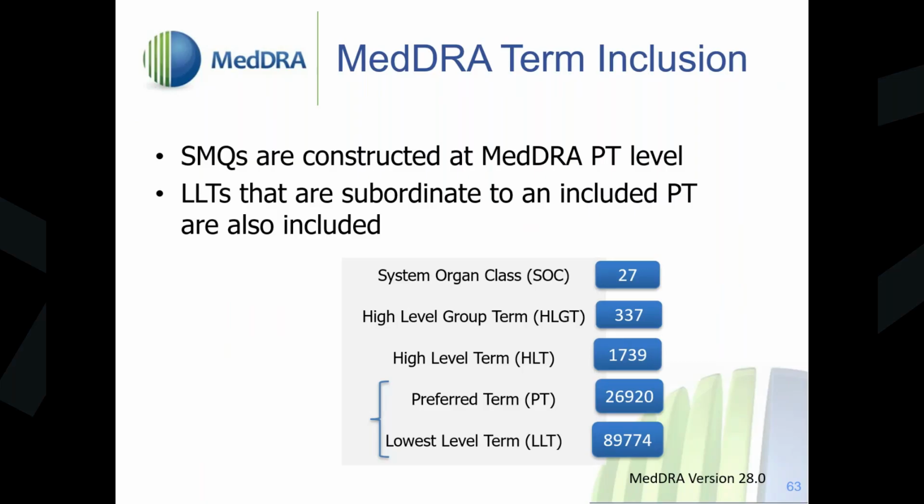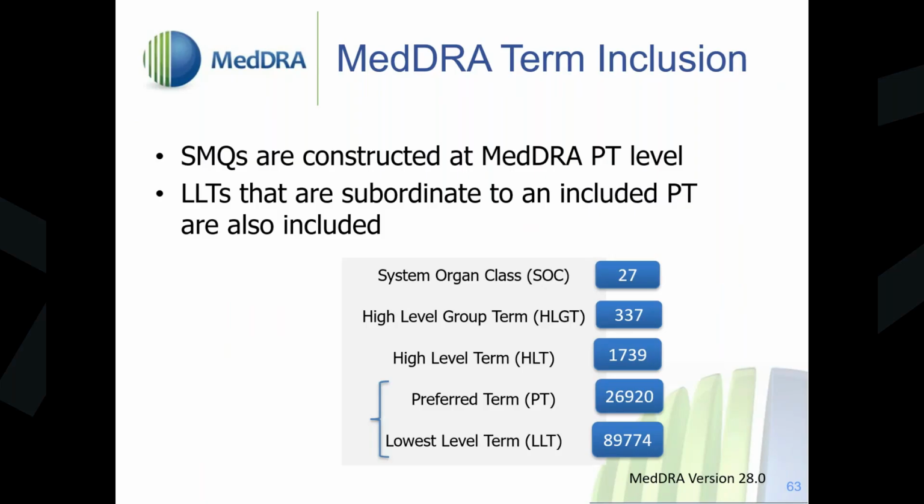And it's built on the PT level. But because PTs are the parents who house the LLTs underneath them, I can run my analysis even against the LLT level because the standardized MedDRA queries will include all the LLTs that are subsumed under the PTs I selected for my standardized MedDRA query.